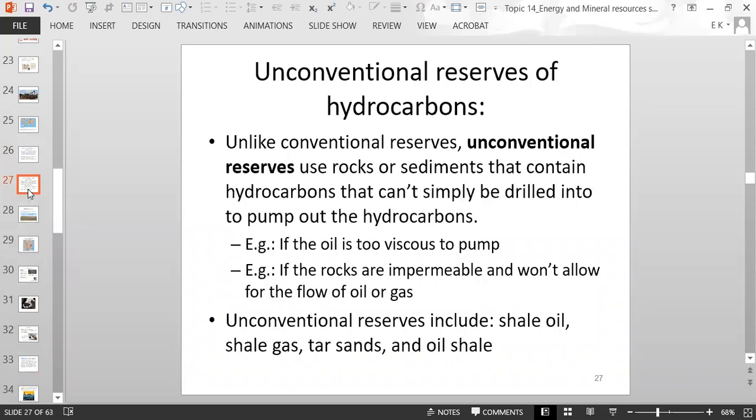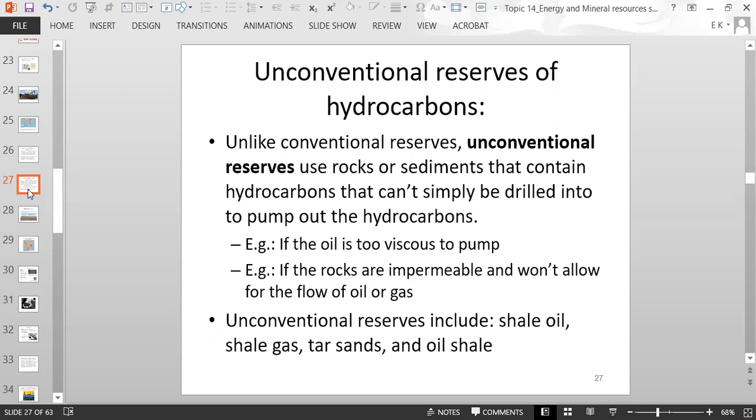So then we have something called unconventional reserves of hydrocarbons. Unlike conventional reserves, unconventional reserves use rocks or sediments that contain hydrocarbons. They can't just be drilled into and pumped out.